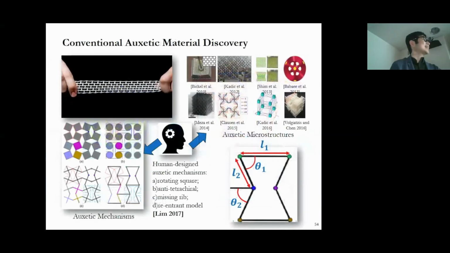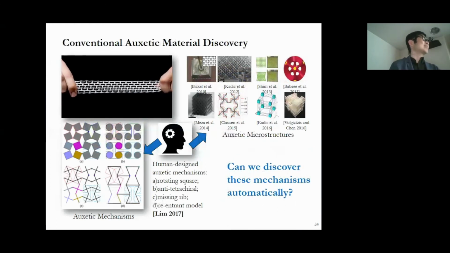Due to the time limit, I may introduce you to the last example, that is auxetic material. These structures were all designed by humans previously.